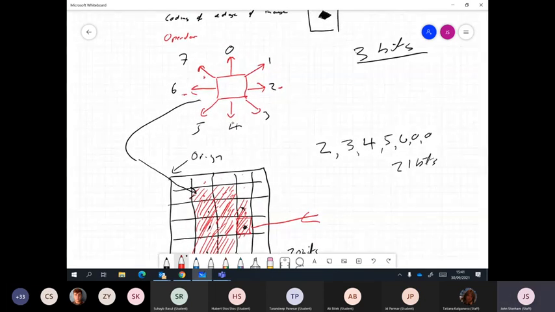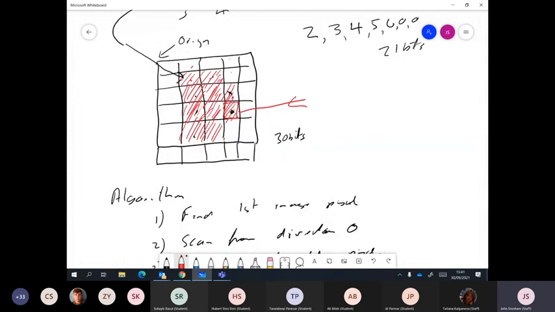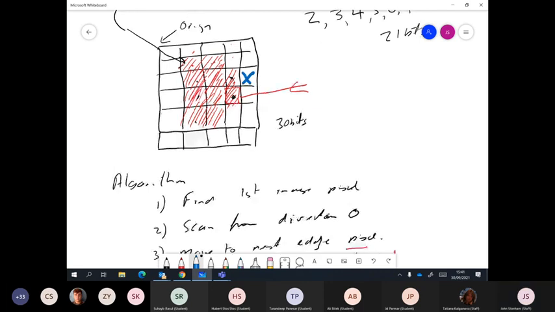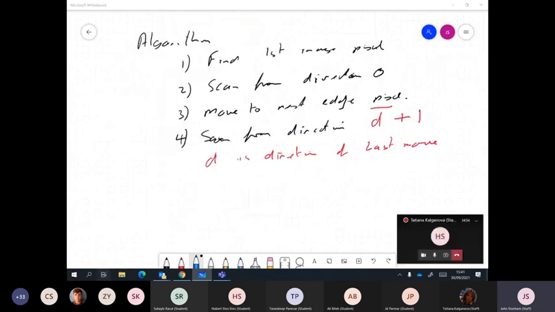So I start scanning from the opposite of 4, which is 0, plus 1. I start scanning from direction 1. That would be start scanning from that pixel there. And when we're underneath the pixel, because we're scanning from the opposite direction plus 1, we will never enter into the image, and so you will scan the outside. And so that works, and you repeat.